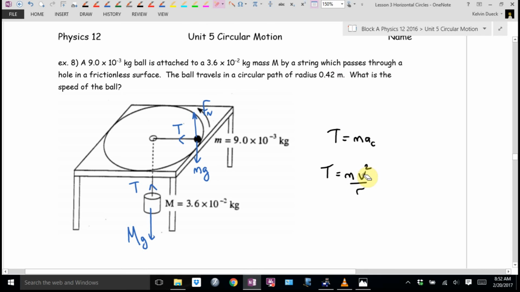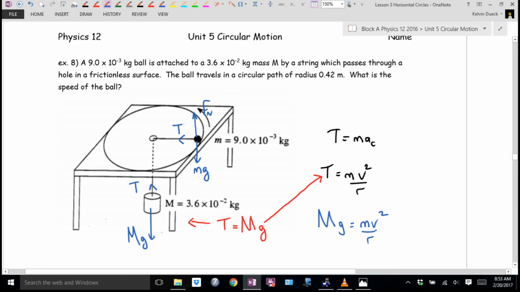Do I know, oh, it wants me to find v. Do I know the tension? Ooh. Or do I? Ah, from this right here, I know that tension equals big Mg because that's also balanced. So we can plug that in. We'll get big Mg equals little m v squared over r.